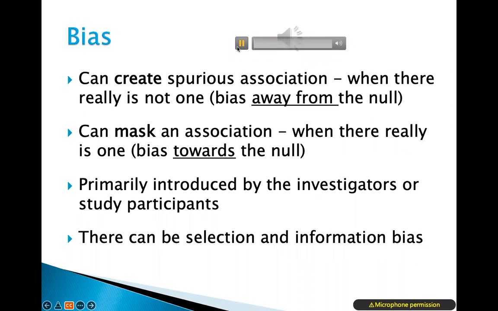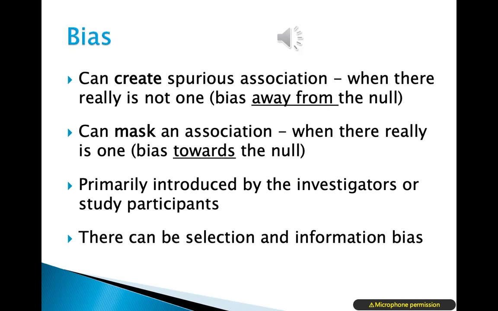So as we mentioned in the last slide, a bias has been found when there's an error reporting some kind of a difference between the variable or the risk factor and the outcome that we found. And it's not a true relationship, it's not a true association, there's a bias. So we can have a bias away from the null hypothesis or one toward the null hypothesis.